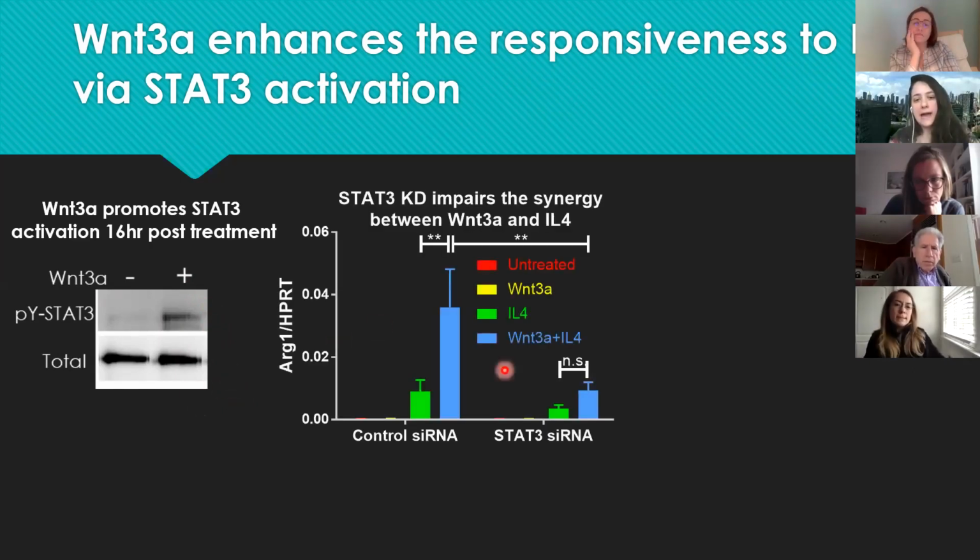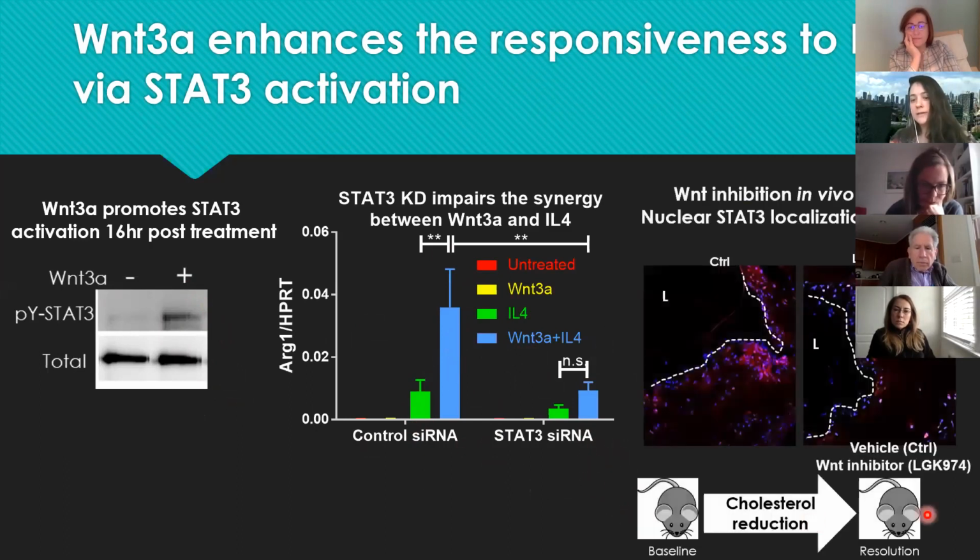Then we knocked down STAT3 in bone marrow-derived macrophages. And again, in control cells, we could see this enhancement of IL-4 responses with Wnt and IL-4. But this was abrogated in cells that were knocked down for STAT3. In vivo, we went back to our Wnt inhibitor study, and we looked at activation of STAT3 in those plaques.